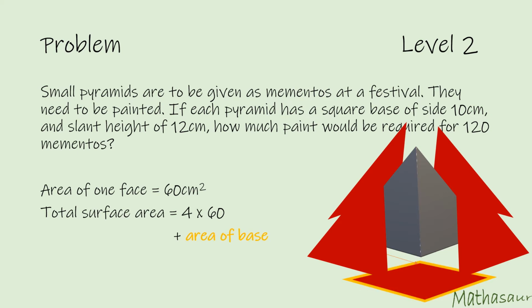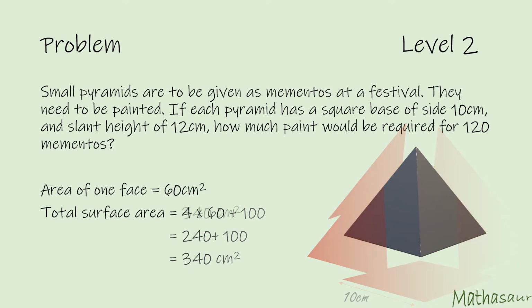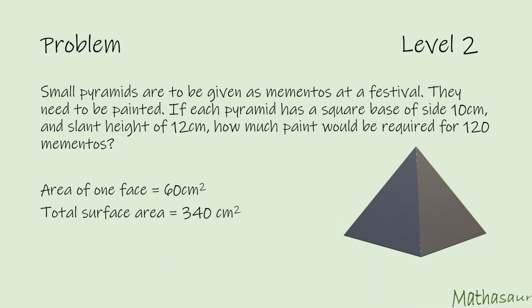Now since the base is a square, we can find area of square as side square. Let us substitute the value as 10. So we have 4 times 60 plus 100. Let us calculate. The total surface area comes across as 340 square centimeters.